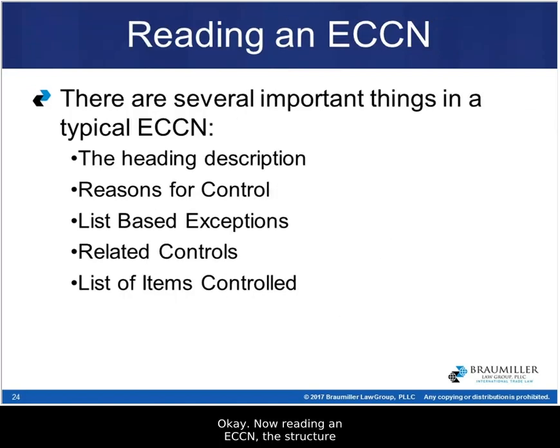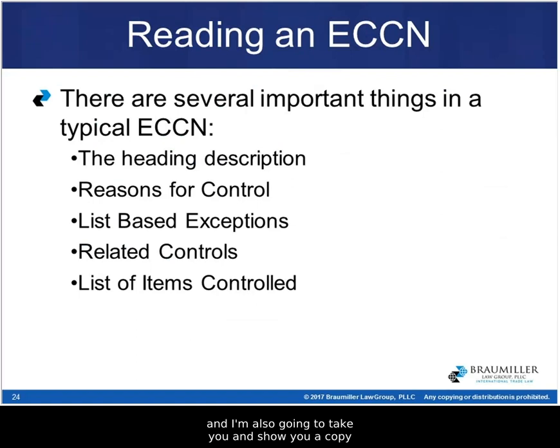Okay, now reading an ECCN. The structure of an ECCN will provide different guidance or pieces of information to guide you through to see if that ECCN might be applicable. The first is the heading. That would be a general description of what the article is. Reasons for control. Adam has talked about that, anti-terrorism, national security.